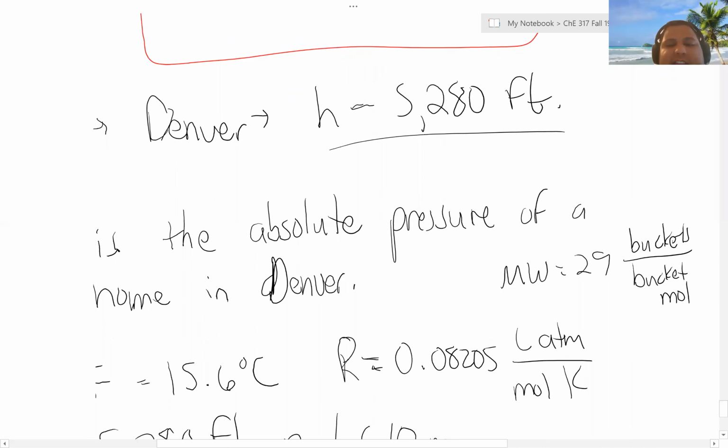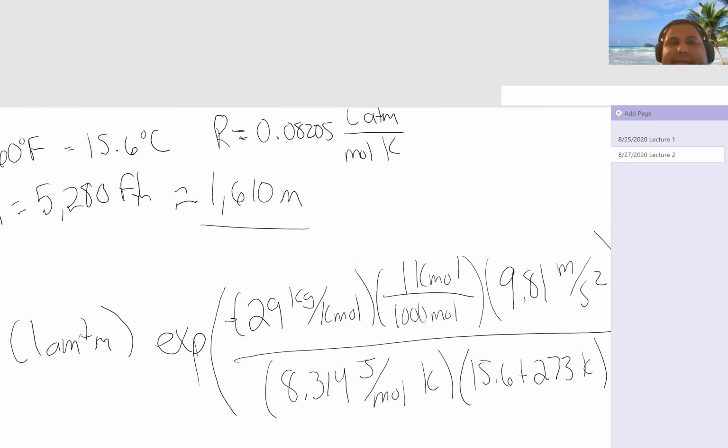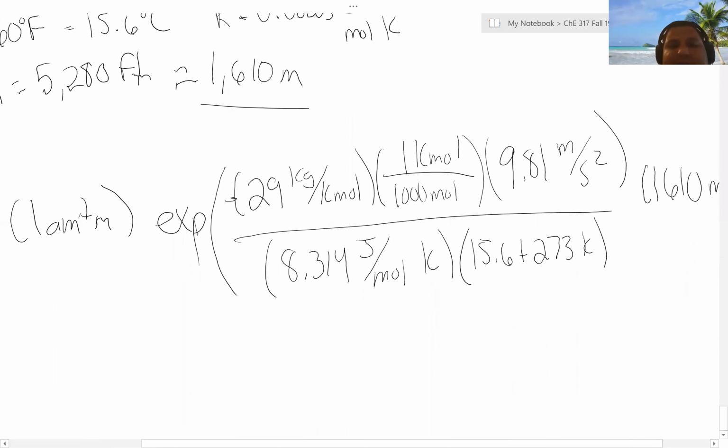If I want to do this in SI units, what I can do is the following. With the molecular weight being 29 kilograms per kilomole, there are 1,000 moles in a kilomole. My gravity is going to be 9.81 meters per second squared. For R, I'm going to use 8.314 joules per mole Kelvin, because that's the most convenient thing to use for SI units.